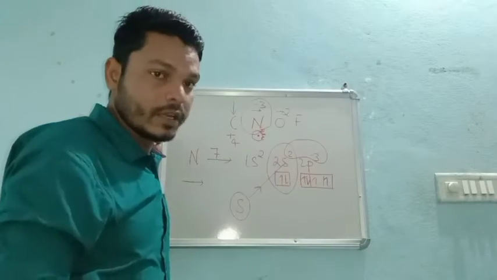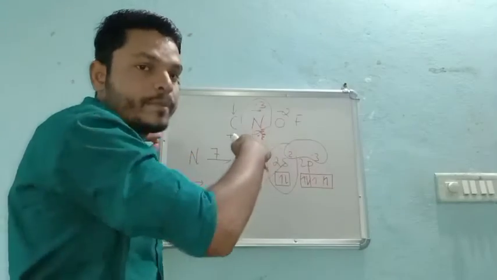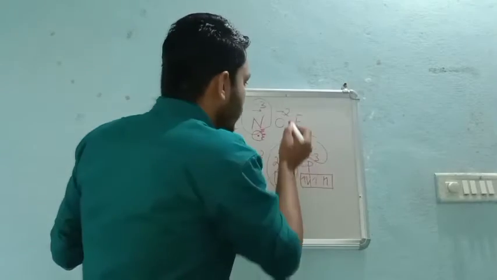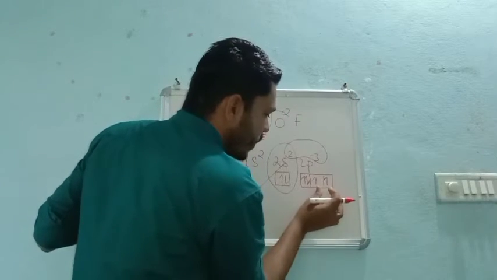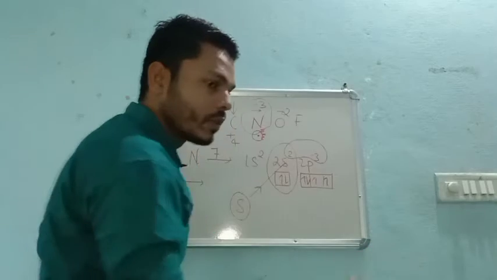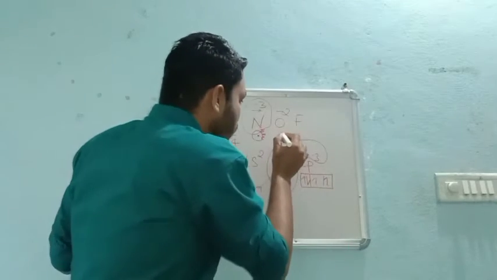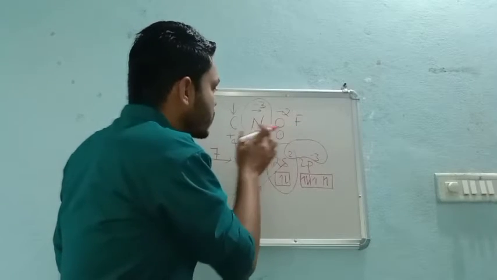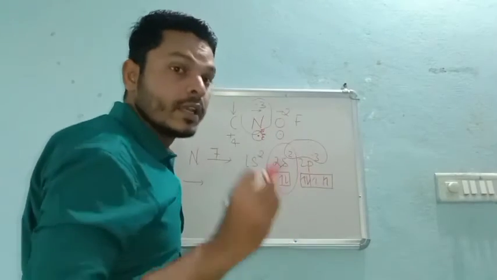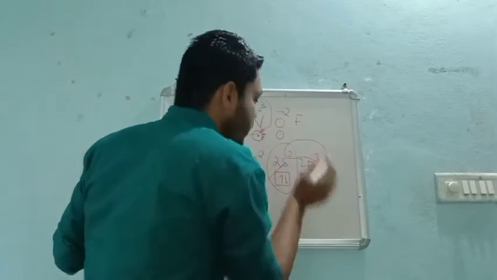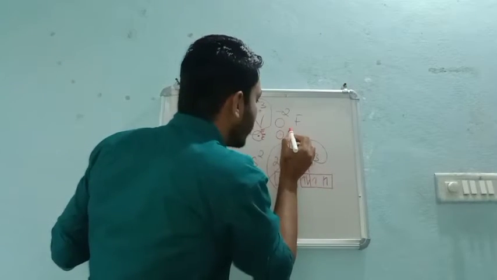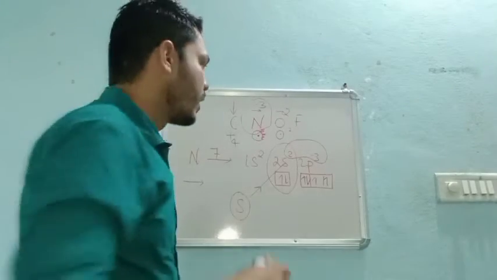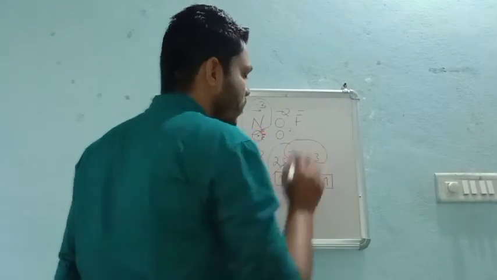Because of these 2 half-filled orbitals, only these are involved in the formation of bond. And as I compare the size of oxygen to nitrogen, the size is very small. So these 2 electrons will remain on the oxygen. So that's why it will show -2 character.